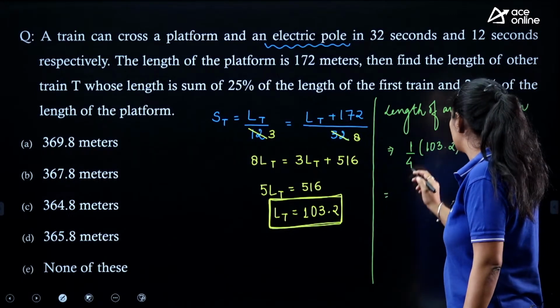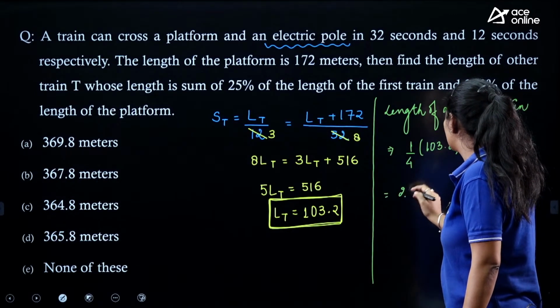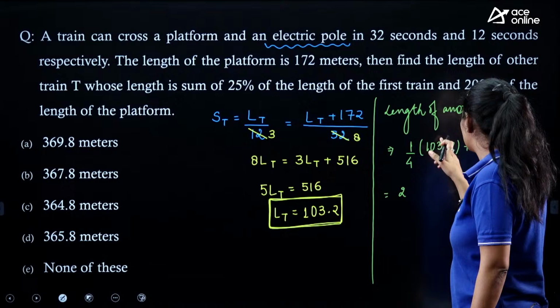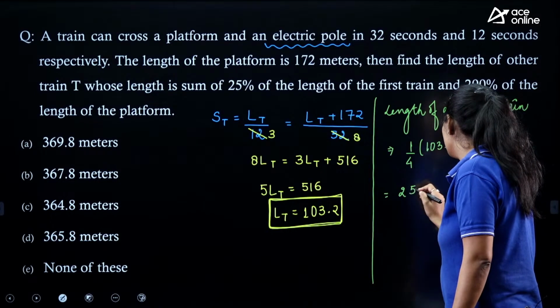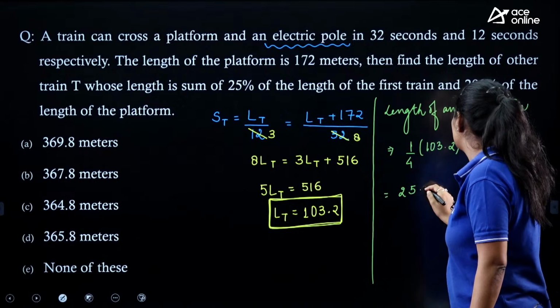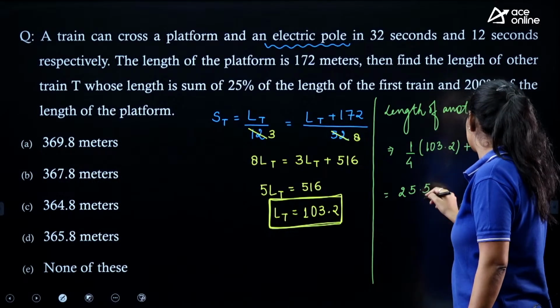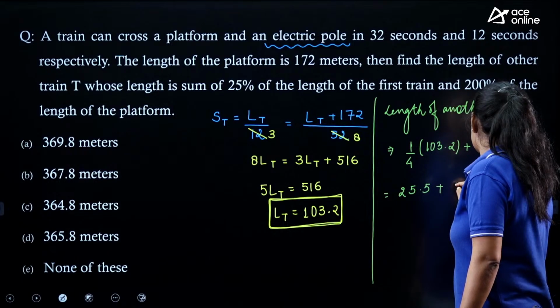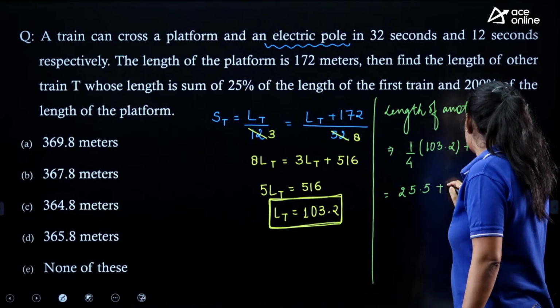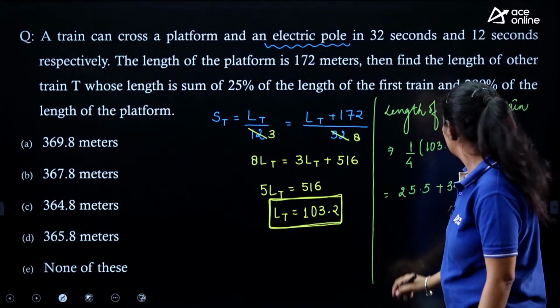So here what value are we getting? We are getting 2 and 2, that is 22. So we are getting 25, and again the 2, that is 5. Let's keep it like this only. Plus here we are having 4, and the 1 is carried forward, right?